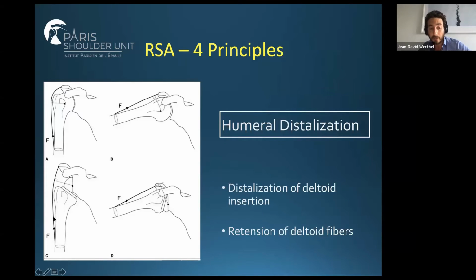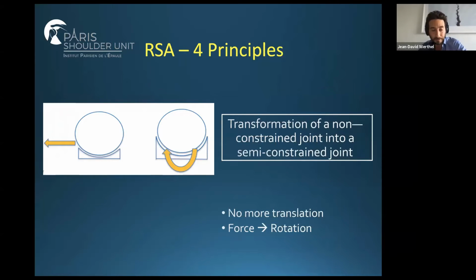By doing that, we push away the deltoid insertion from the acromion, and this is going to increase the tension of the deltoid fibers. And if you tension the deltoid fibers, they're going to be more prompt to fire when the patient is going to want to do some anterior flexion. So that's the second principle.